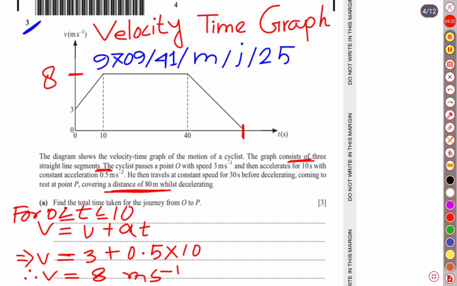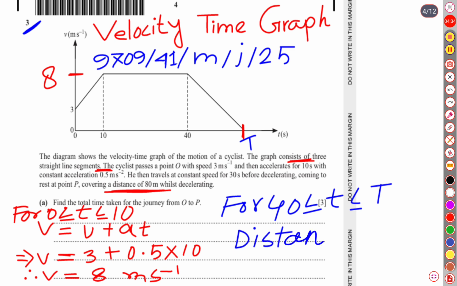Then for the last phase, I think I can change the color of the stylus, for the third phase, it starts from 40. So 40 until, let this moment be T, uppercase T. The distance traveled is equal to 80 meter, so let us write 80 over here.